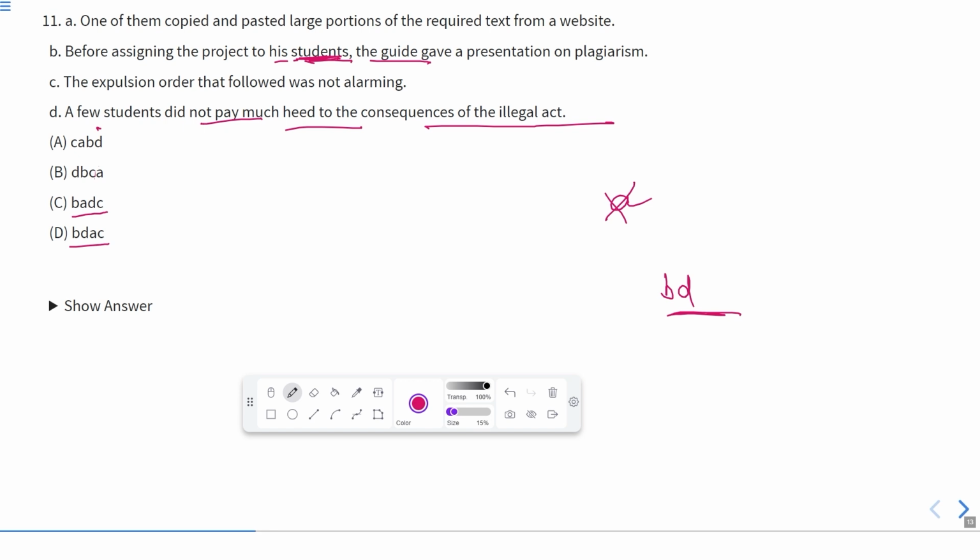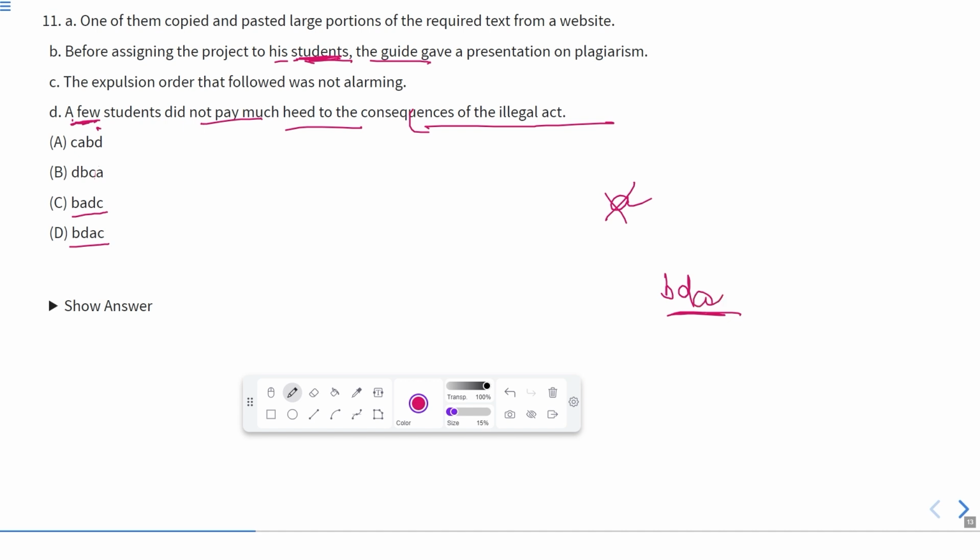One of them copied and pasted large portions of the required text from a website. A few students did not pay much heed to the consequences of the illegal act. In fact, one of them, which means a few students, copied and pasted. So first B, then D, and then A should come.